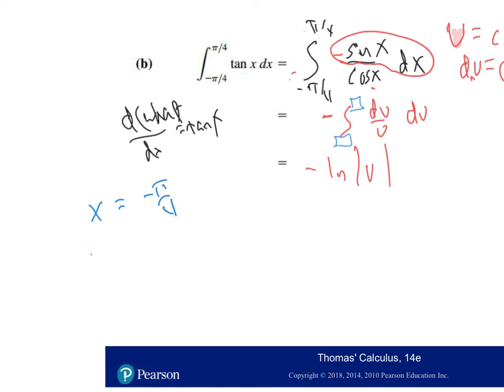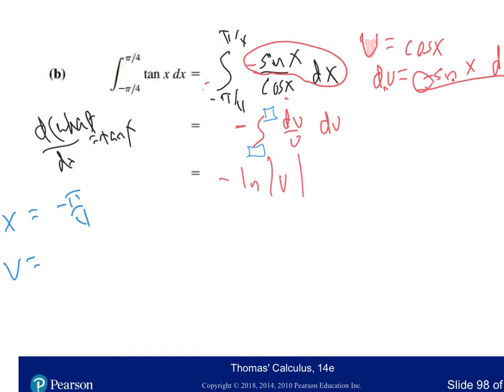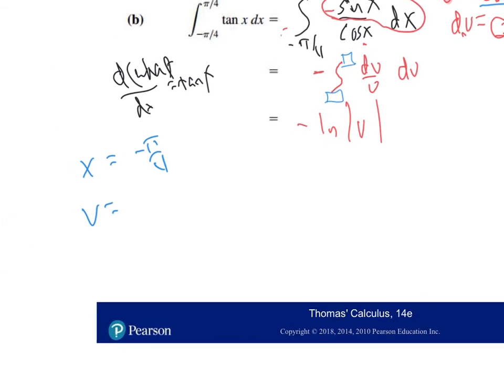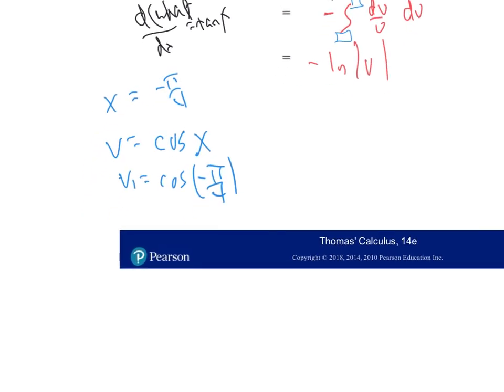U is defined as, over here, the cosine of x. So if u is the cosine of x, then what I want to get, u1, will be the cosine of negative pi over 4. Negative, so I need cosine to be negative. That happens in quadrant 2.